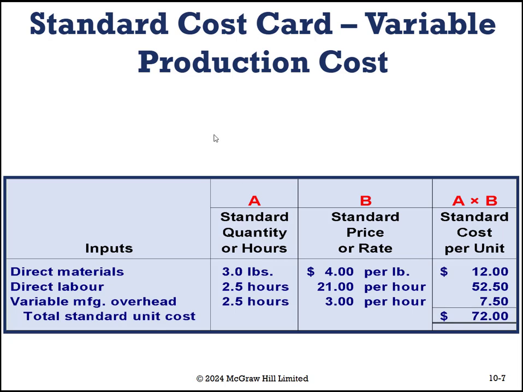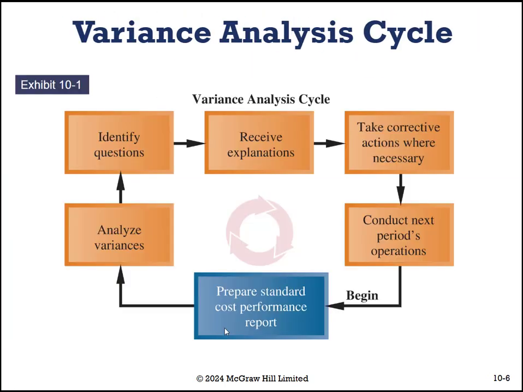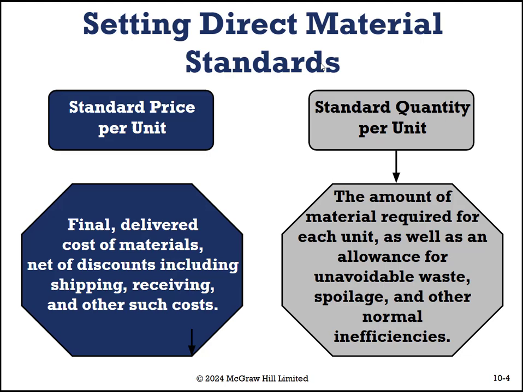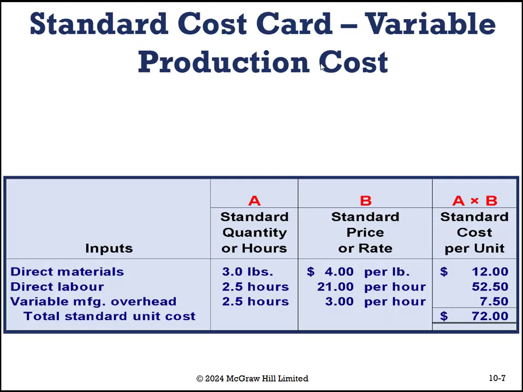If we go back to the previous slide, so we can figure out what went wrong, why did it go wrong, and the person responsible can take corrective actions when necessary, and then we do this all over again. Okay, sorry, forward.